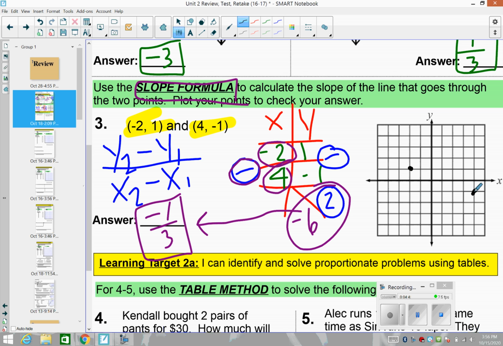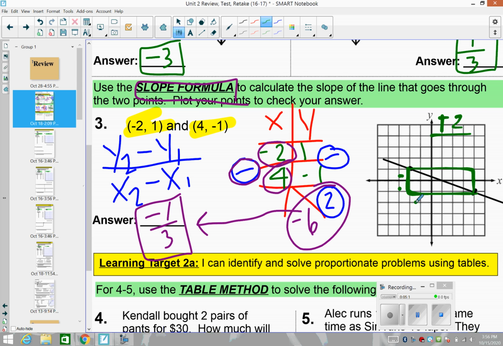So left 2, up 1, right 1, 2, 3, 4, down 1. And we're finding the slope of that line. So if I use my line tool, which you don't of course have access to, give it your best shot. You got this. And if we were to rise over run it then, and this is another option called the rectangle method, or I just call it that. The rise here is 2.